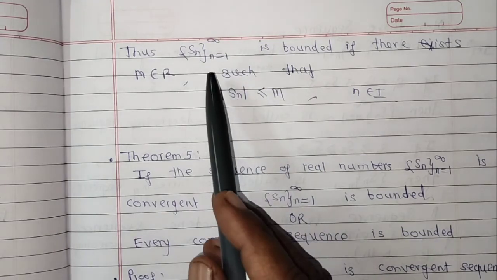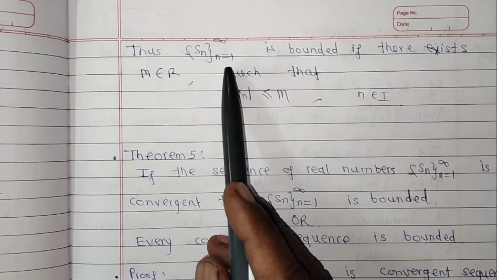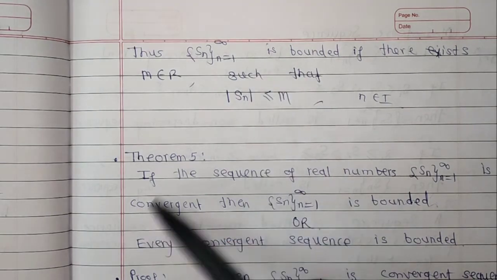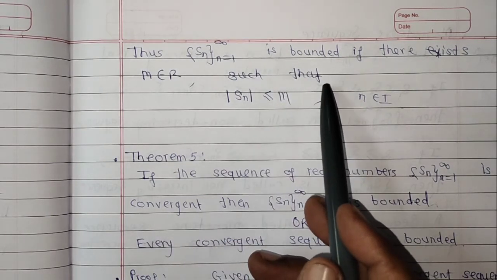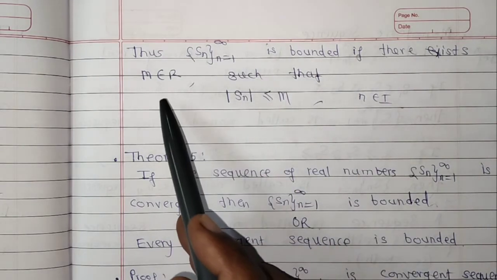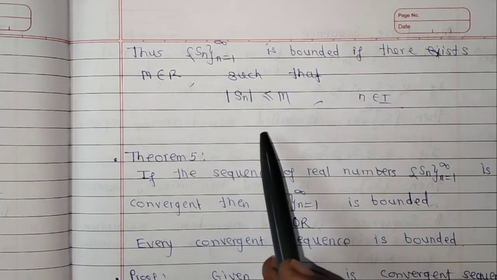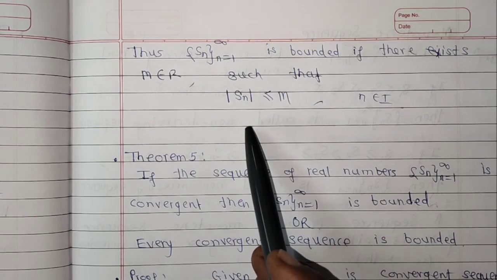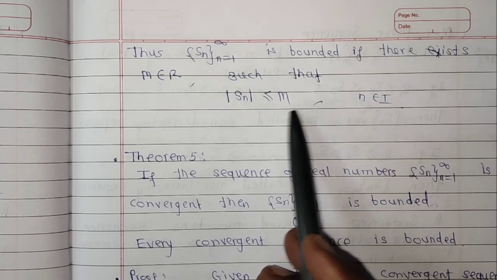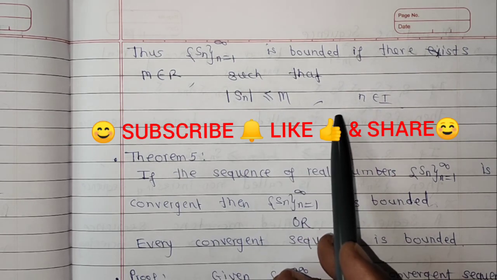That means the sequence Sn is bounded if it is bounded below and bounded above, that is, if there exists m belongs to R such that modulus of Sn is less than or equal to m for n belongs to I.